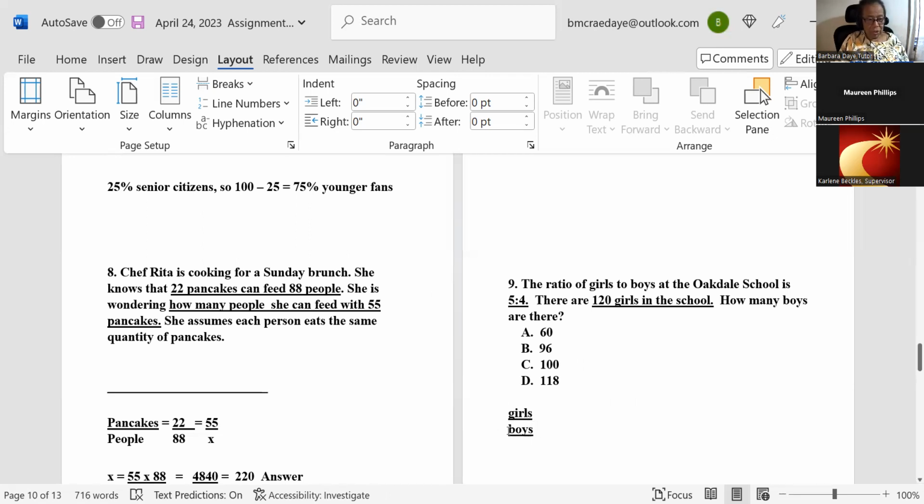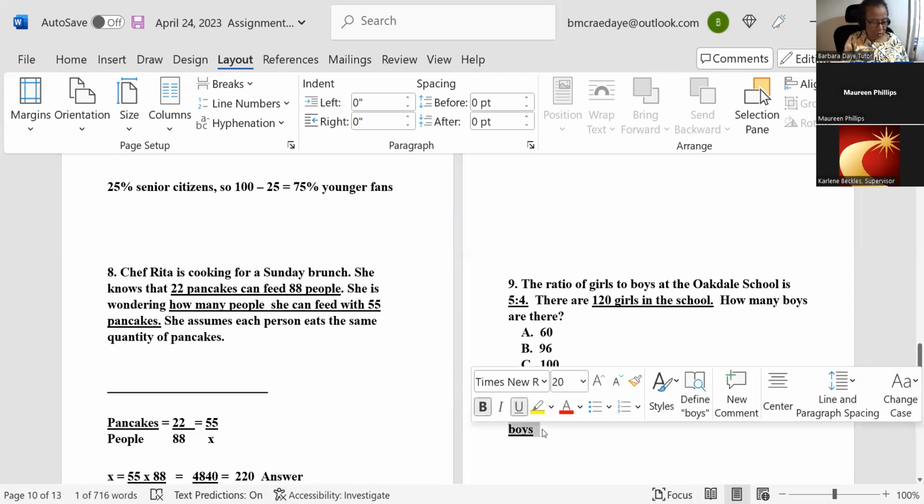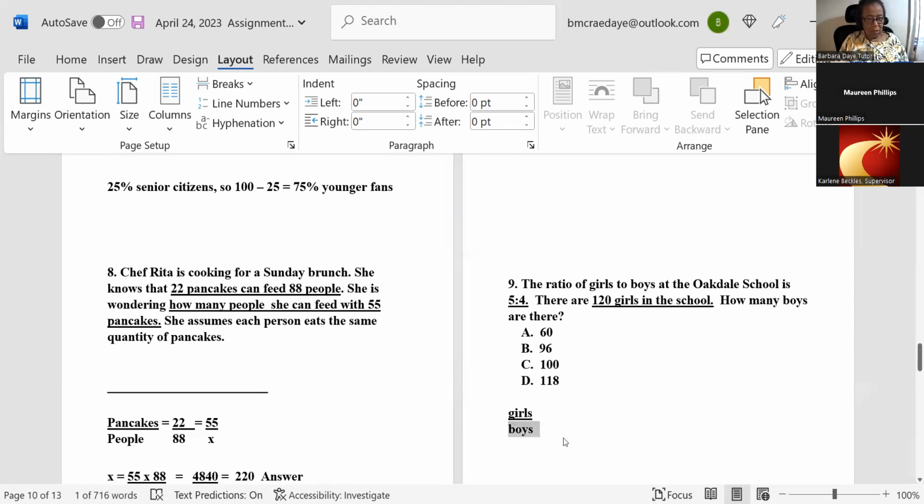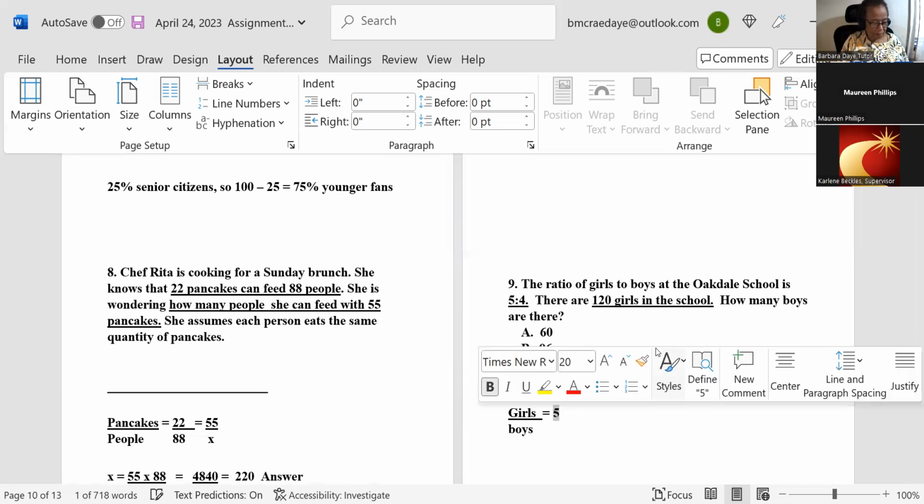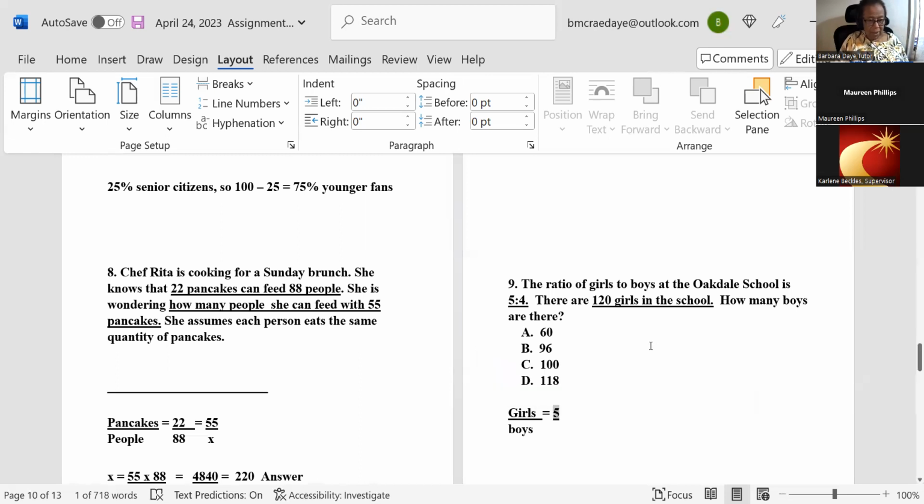So the proportion is when you set the ratios equal. So girls over boys equal 5/4. So let's put this here, equal 5/4, and let's put our 4 here. Now 120 girls, so let's put our number of girls here.